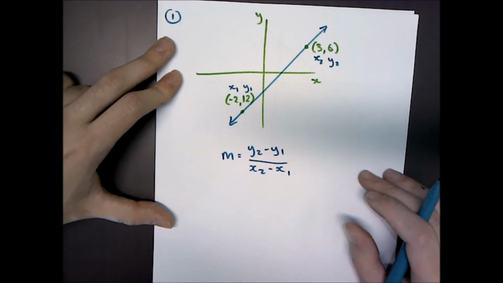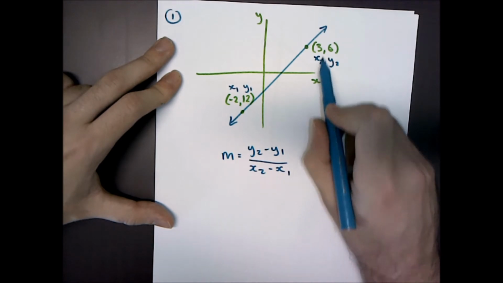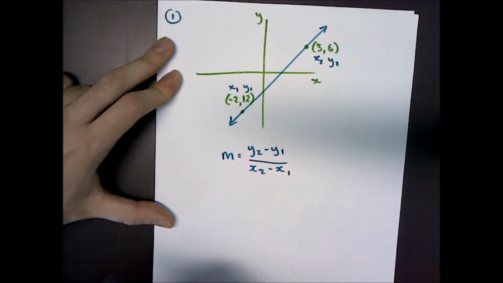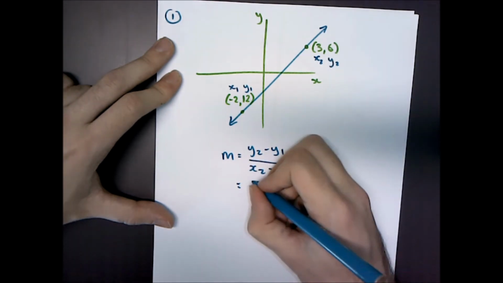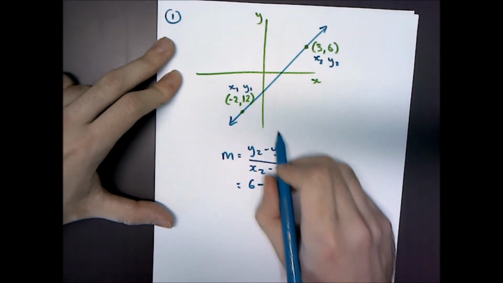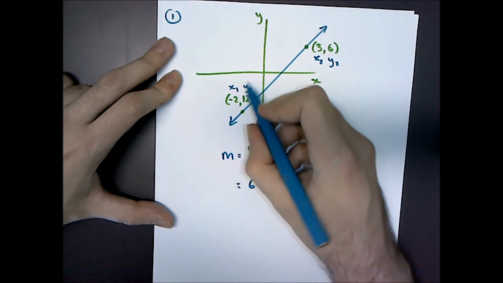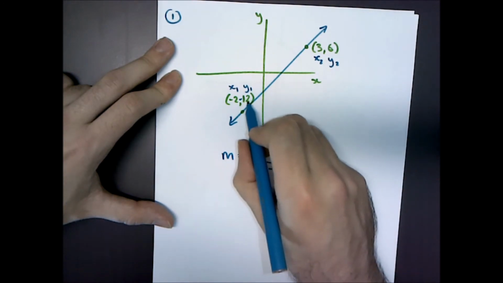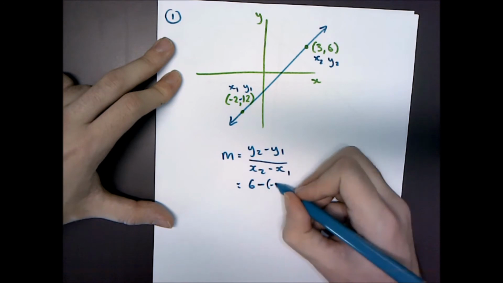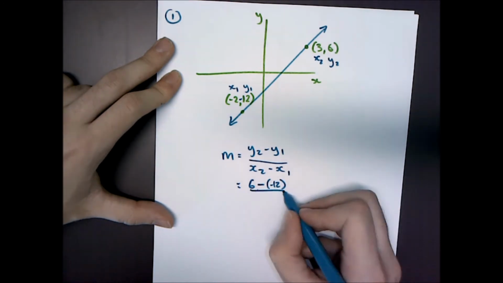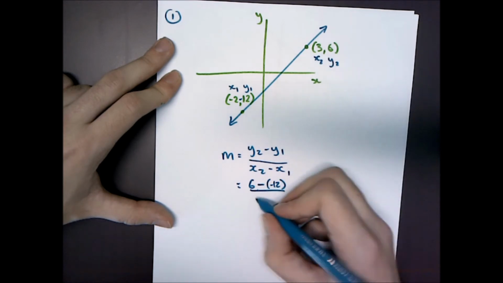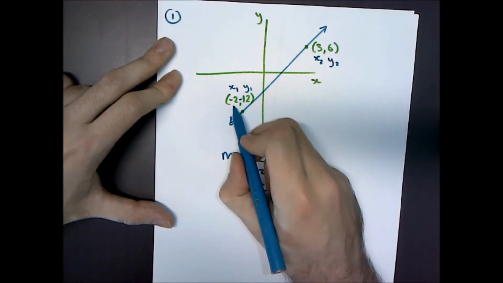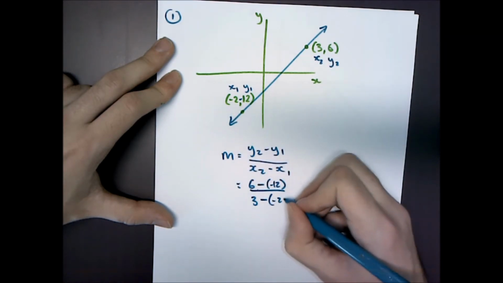Now all you need to do is substitute the right numbers into the appropriate letters in your rule. y2 was the one up here, which is the number 6, minus y1, which is negative 12, divided by x2, which is 3, minus x1, which was negative 2.